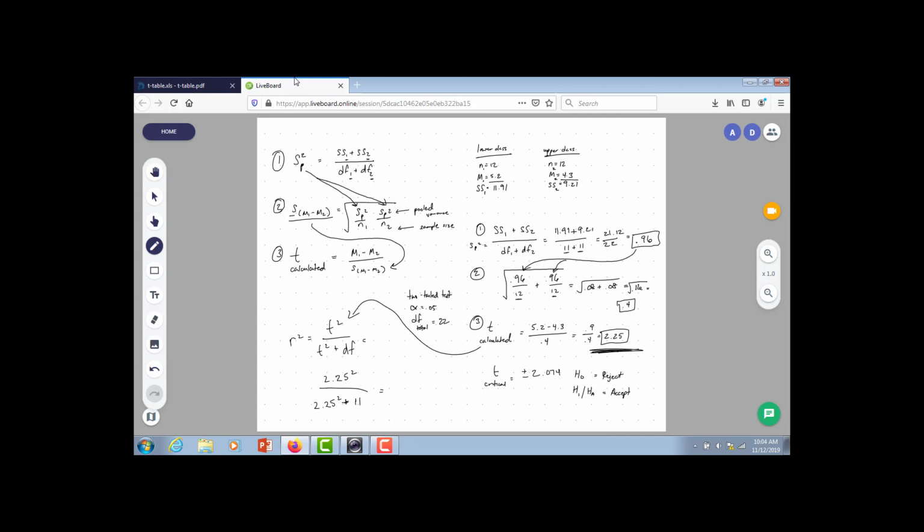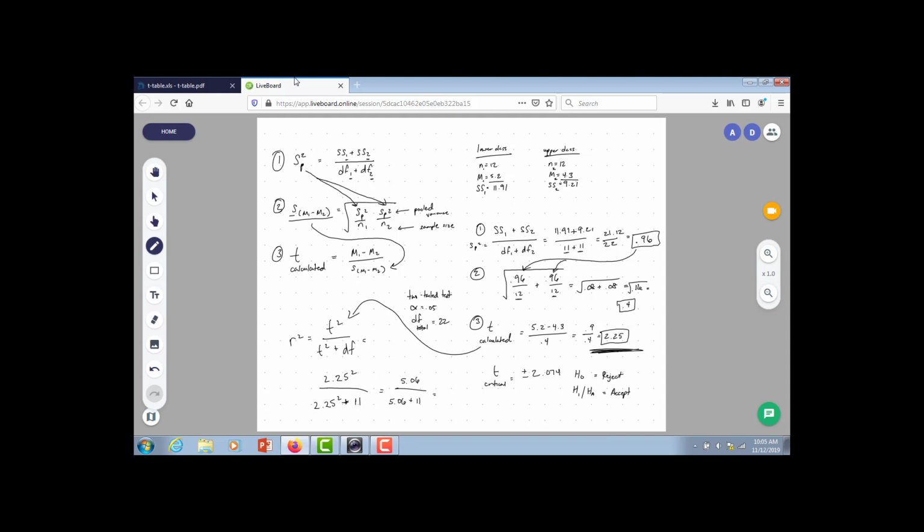So when we take 2.25 and we square it, we end up with 5.06. And that means we have 5.06 in the denominator. Take 5.06 and we add 11 to it.